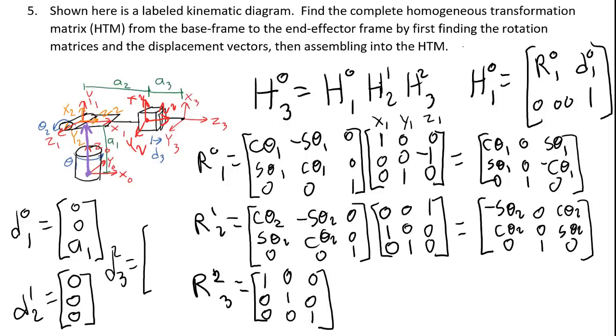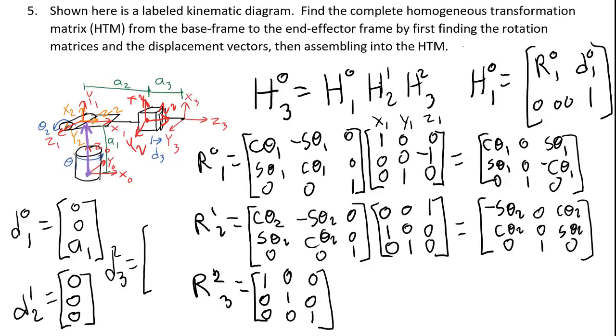You can see here that as theta 2 rotates, the center of frame 2 is going to move around in the X1, Y1 plane. But the displacement from the center of frame 2 to the center of frame 3 is still going to be in the Z2 direction no matter what happens with theta 2.